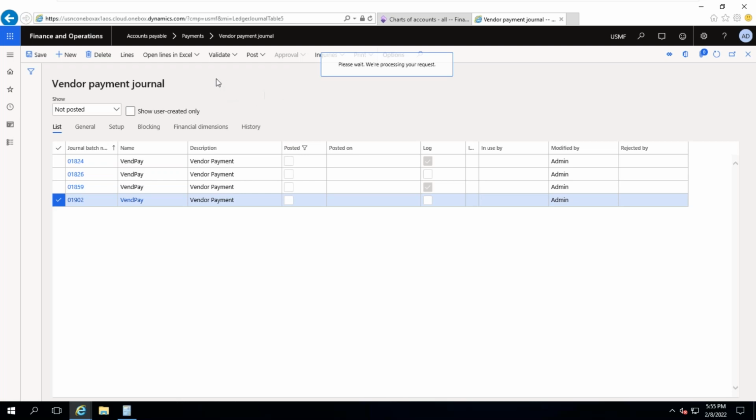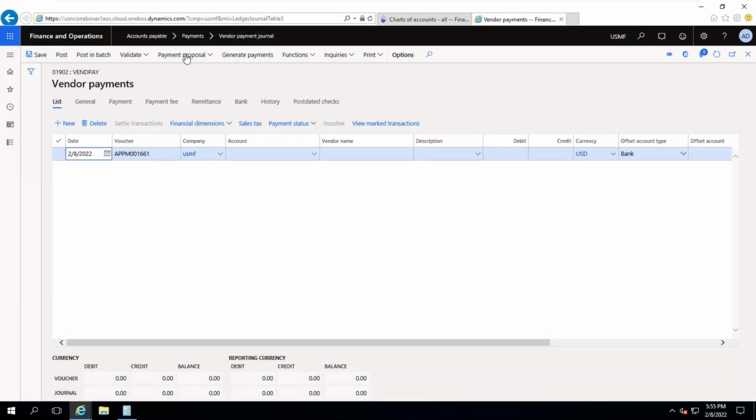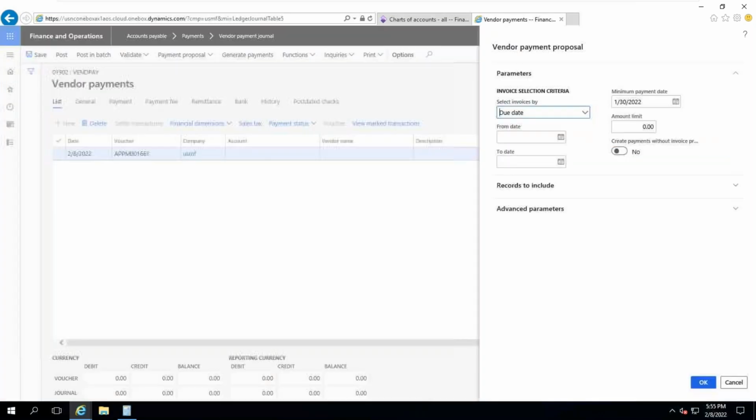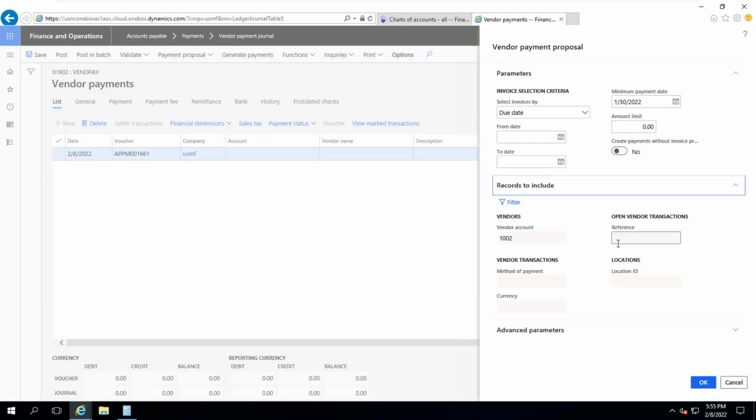You can use this function. Let me show you whatever I'm showing. Proposals I have not shown; I have always shown settlement. Create proposal. You can click on create proposal, and in this, records to include. Okay, you can click here.